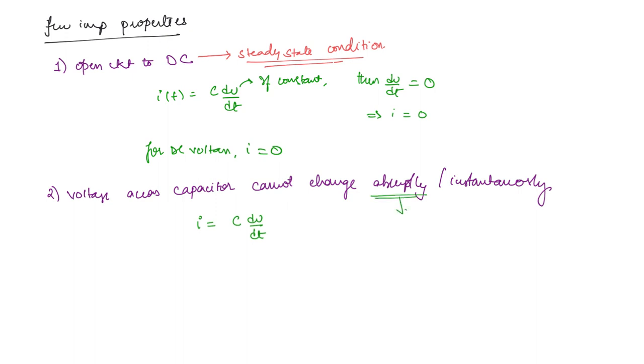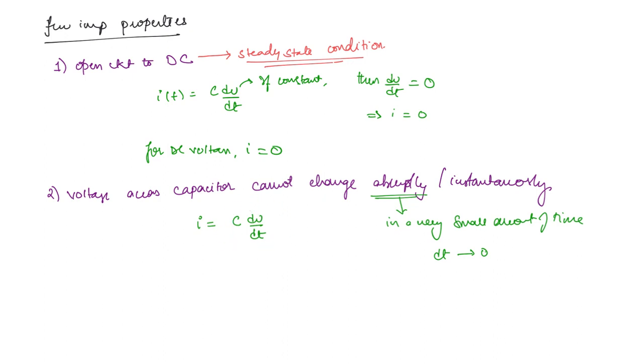Abrupt means in a very small amount of time. So, the limiting case is dt is equal to 0. So, when dt is equal to 0, this means that this entire value will become infinite. Okay.